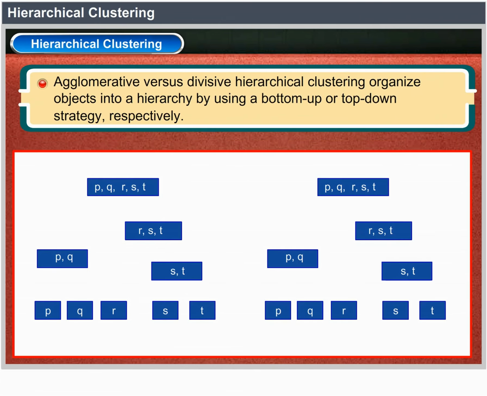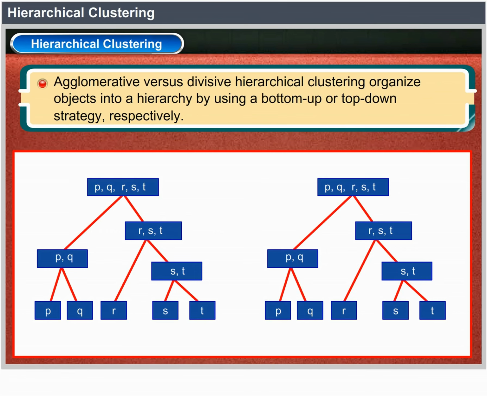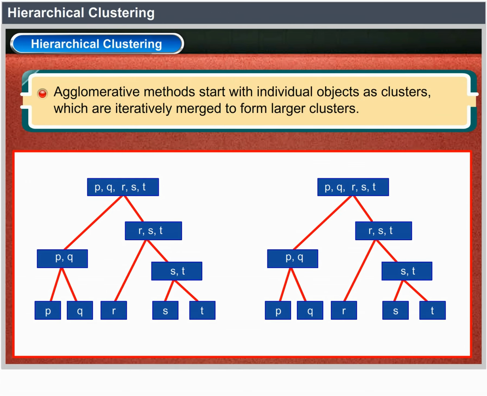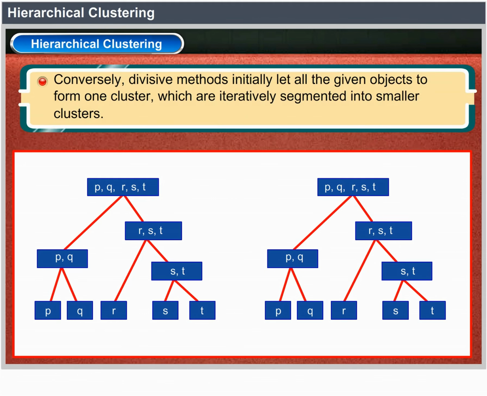Agglomerative versus divisive hierarchical clustering, which organize objects into a hierarchy using a bottom-up or a top-down strategy, respectively. Agglomerative methods start with individual objects as clusters, which are iteratively merged to form larger clusters. Conversely, divisive methods initially let all the given objects form one cluster, which they iteratively split into smaller clusters.